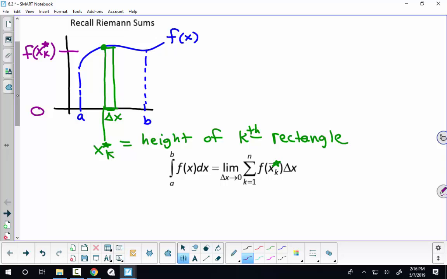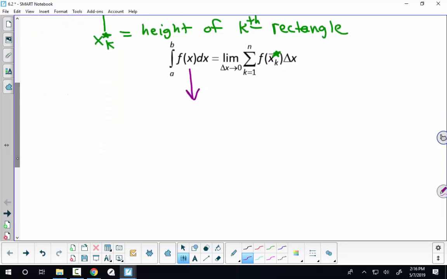And this will help us when we look at how it's formulated here in 6.2. But this is the same thing as saying the integral from a to b of f of x minus 0 dx. So in the previous section, that lower boundary to determine the height of each rectangle was always 0, so we didn't really worry about it.